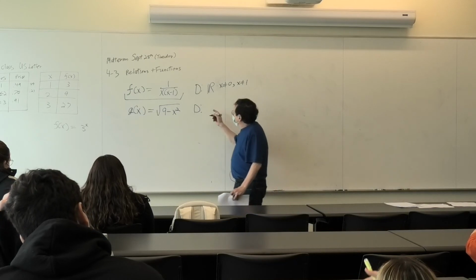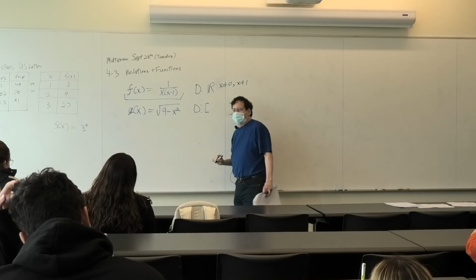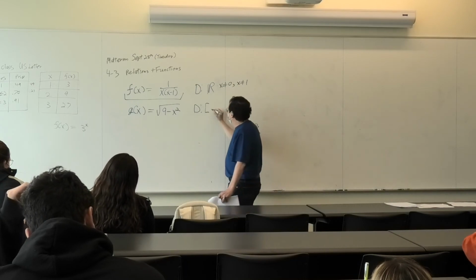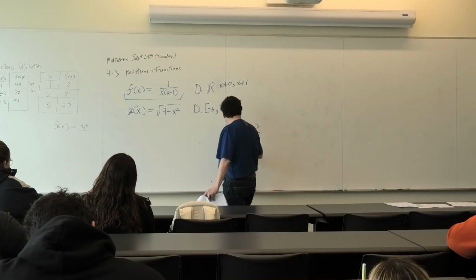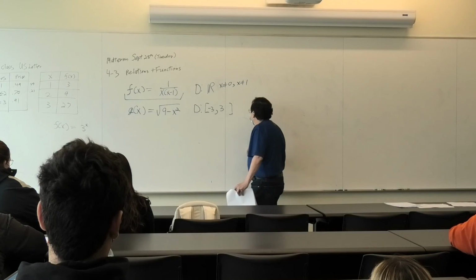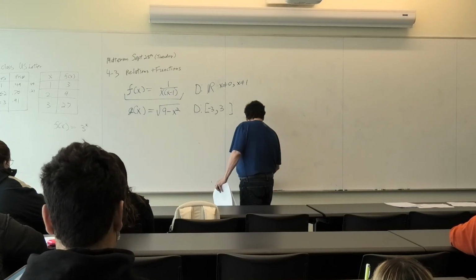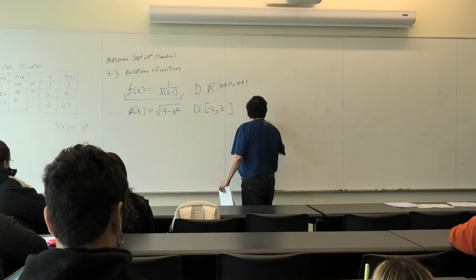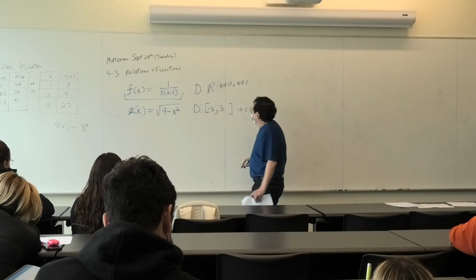0 to minus 3 also works. Right? We can write this. I don't know if you've seen this before, it's interval notation. This just means all the numbers from -3 to 3. Or you could write this, x is less than or equal to 3, greater than or equal to minus 3.